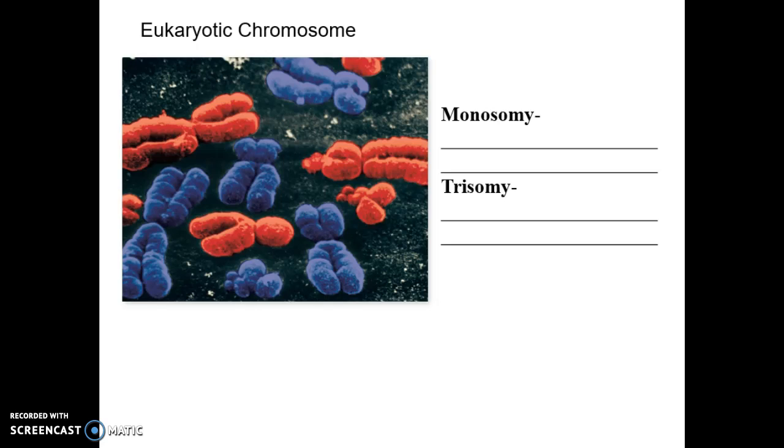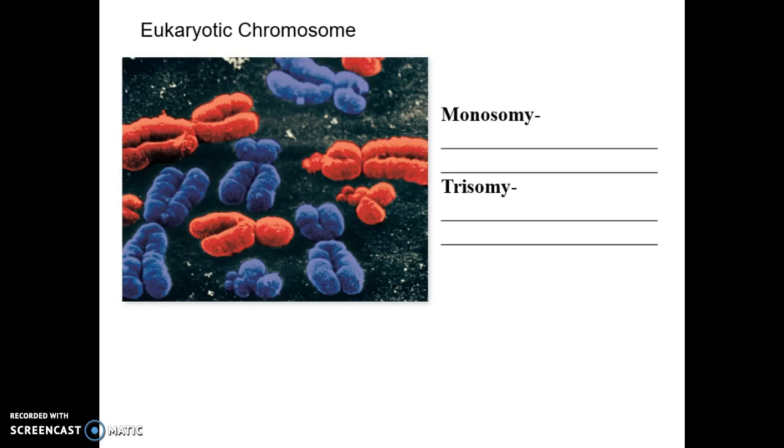When we look at an organism that has an extra chromosome at a particular pair, we call that trisomy. Tri refers to 3: 3 chromosomes at a given pair. The most common trisomic individuals are those we call trisomy 21. This is what we know as Down syndrome. Down syndrome individuals have an extra chromosome at the 21st pair.